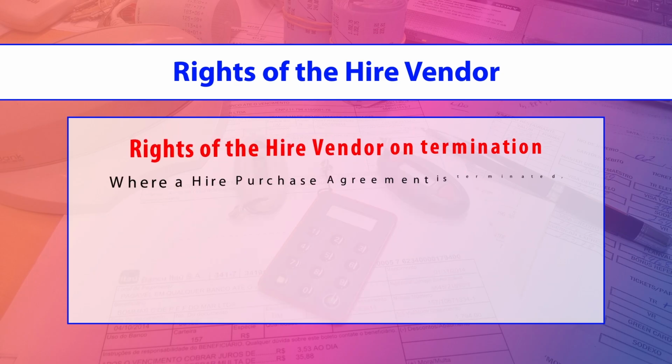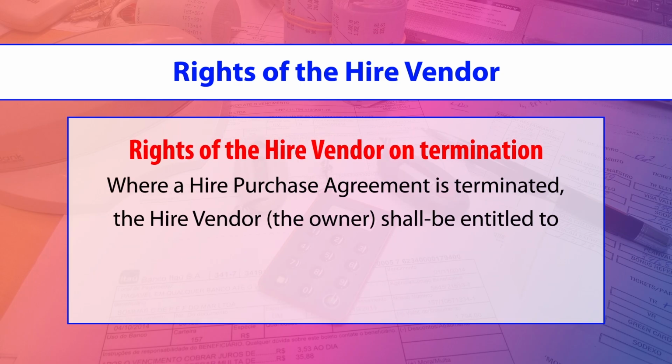Then the second one is rights of hire vendor on termination. Where a hire purchase agreement is terminated, the hire vendor, that is the owner of the goods, shall be entitled to, let us discuss in detail.